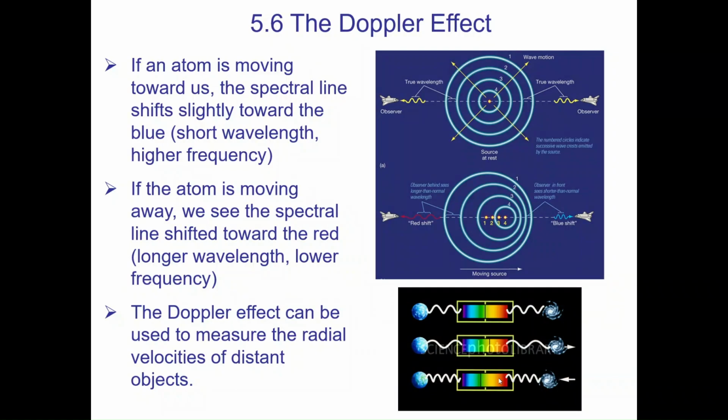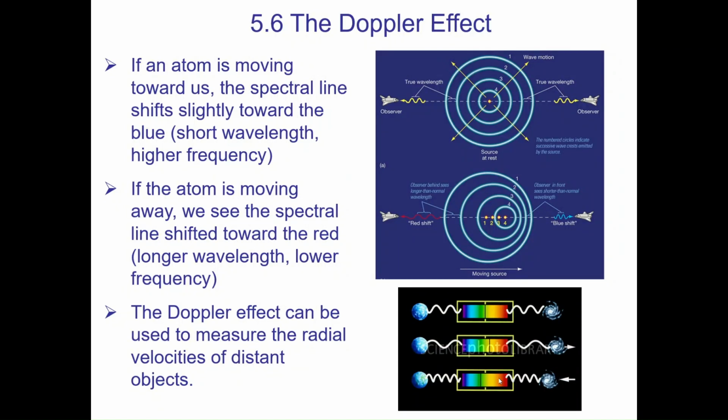That is all about Chapter 5. In Chapter 5, we talked about electromagnetic radiation, the wave property of electromagnetic radiation, and the different types of electromagnetic radiation depending on wavelength and frequency. We also talked about thermal radiation and why objects with different temperatures radiate different colors.